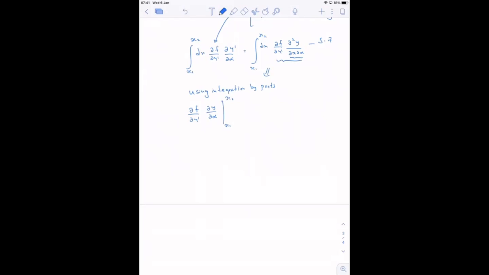So just differentiate this term right here, then you get d over dx of ∂y over ∂α, which is the second term here in 5.7, right? So it should be correct.